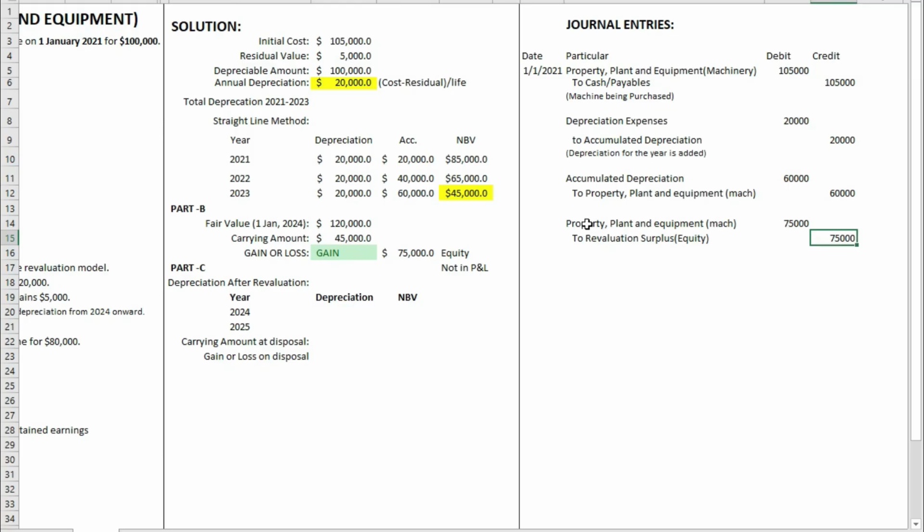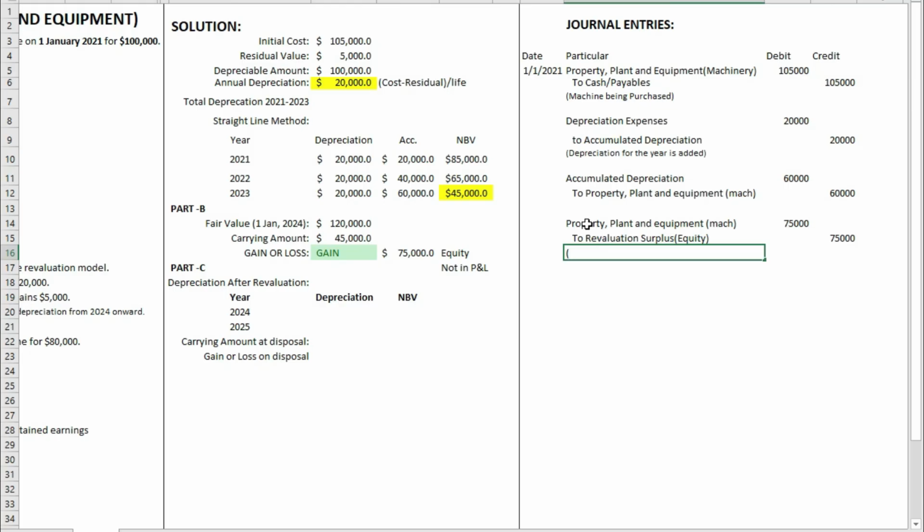We can note that the machine is recorded at 120,000 and the accumulated depreciation is 0.